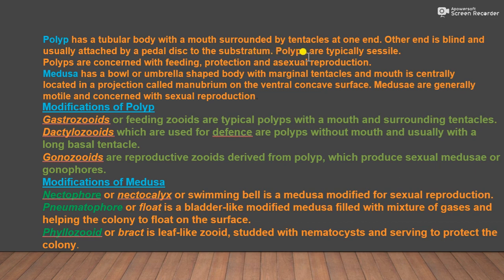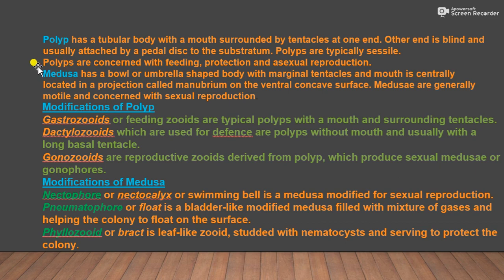These polyps are typically sessile and are concerned with feeding, protection, and asexual reproduction. This polyp is one individual of a colony of Obelia. And what is its function? Feeding, protection, and asexual reproduction.